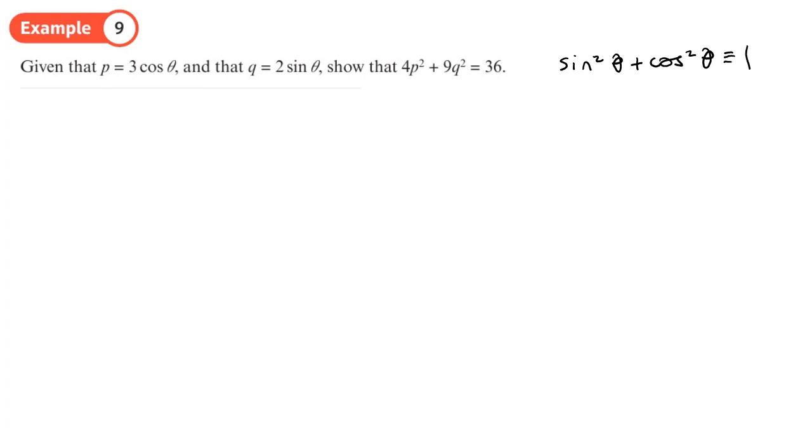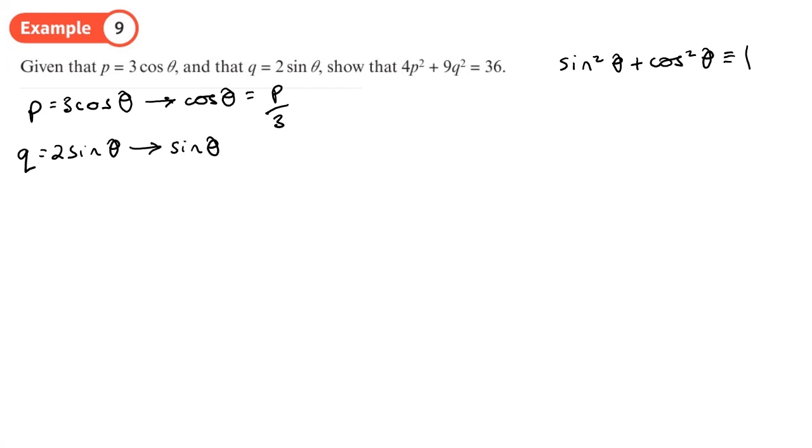Okay, so first thing we're going to do, since p equals 3 cos theta, then we've got that cos theta equals p over 3. And since we have q equals 2 sine theta, then sine theta equals q over 2.